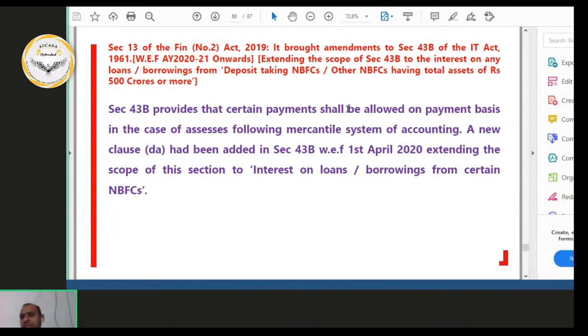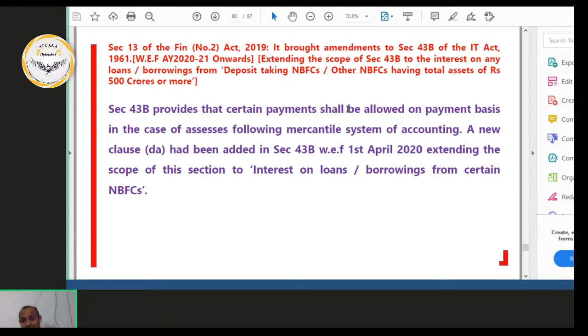What are the two types of NBFCs which are covered under 43B? Number one, deposit taking NBFC. It means RBI permitted the NBFC to accept deposits from the general public. So from that type of NBFC you have taken a loan. Or it is a normal NBFC, it means it is not permitted, but its assets exceeded 500 crores.